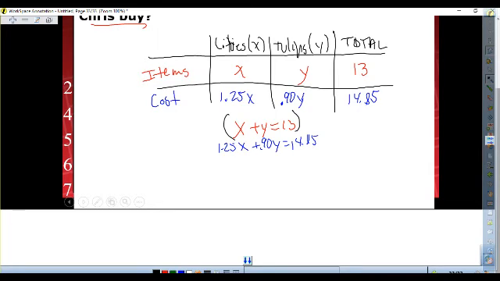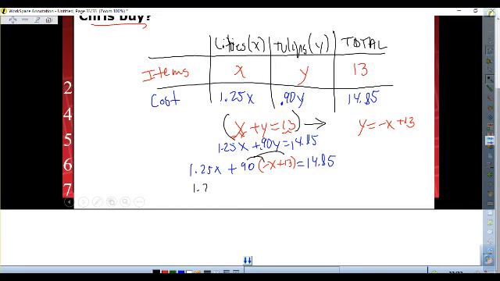So which one do you want to solve for, x or y? Okay, so then we subtract x, so we get y equals negative x plus 13. So instead of y, I'm going to write negative x plus 13. Bring everything else down: 1.25x plus 0.90 times that equals 14.85. So I'm solving this one using substitution as a request here in class.